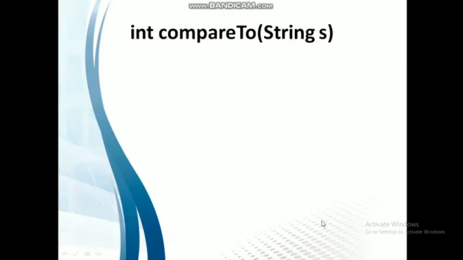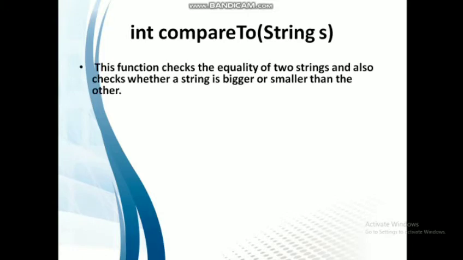And the next function is int compareTo(String s). This function checks the equality of two strings and also checks whether a string is bigger or smaller than the other. In the previous two functions, equals and equalsIgnoreCase, it checks only the equality between the two strings.